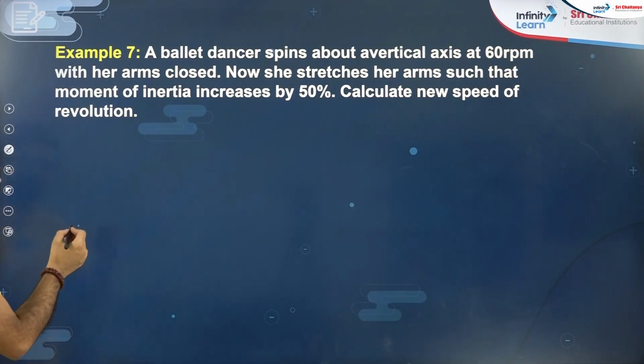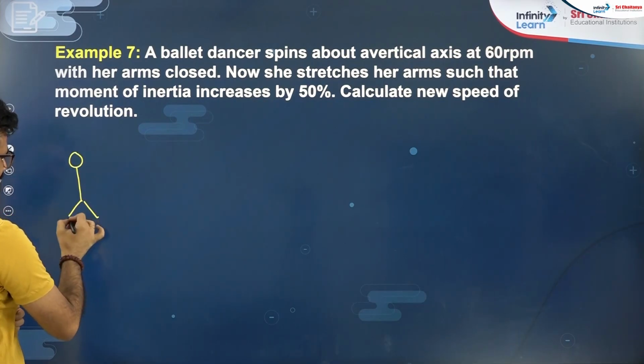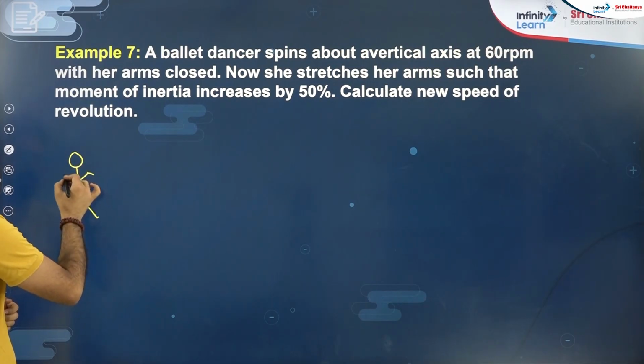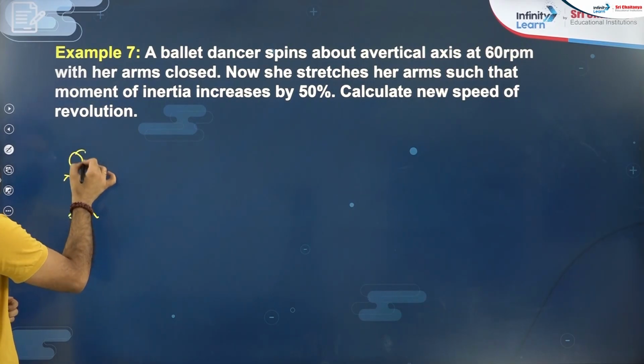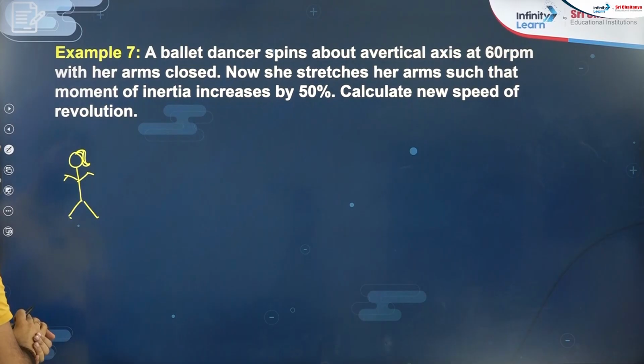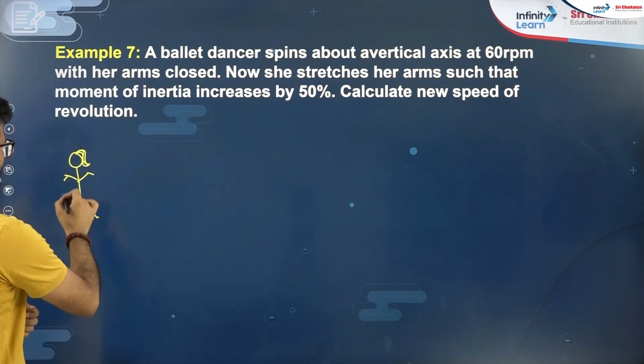Very simple. Suppose we take one ballet dancer here, I cannot make a good drawing, try to compromise with that. Try to focus on this. This is the ballet dancer, and initially she spins about the vertical axis, and her arms were closed.